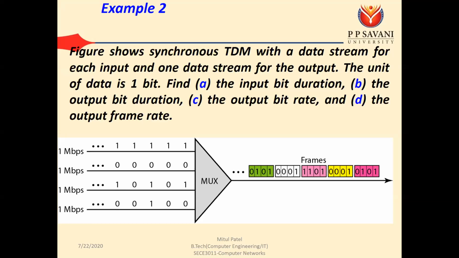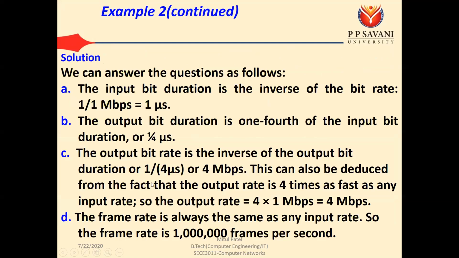So 1 upon output bit duration, so 1 upon 1 by 4, that is 4 Mbps. And the output frame rate is the same as our input frame rate, that is 10,000 frames per second.